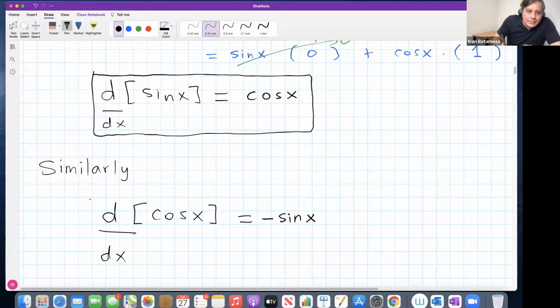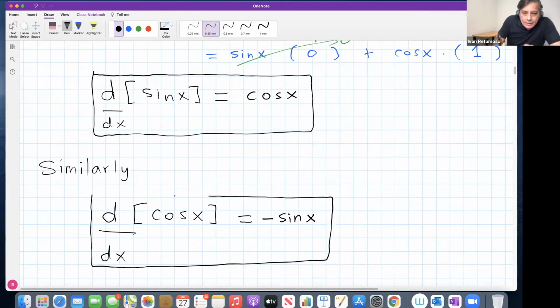So this other result, the second result, please also memorize, because we're going to use it a lot. So the derivative of sine of x equals cosine of x. The derivative of cosine of x equals minus sine of x. Okay, all right.